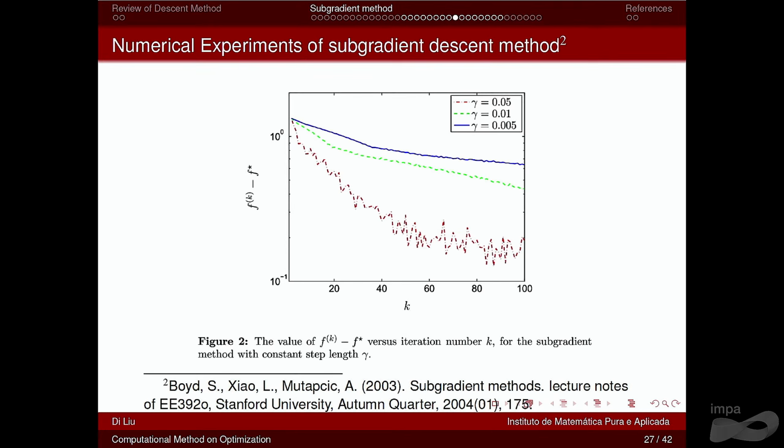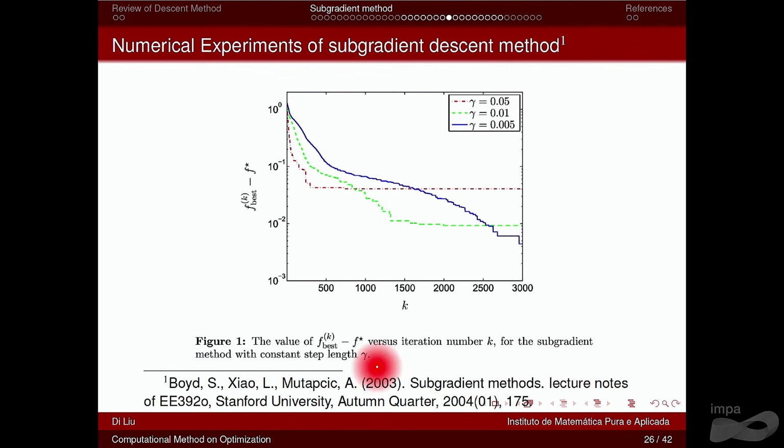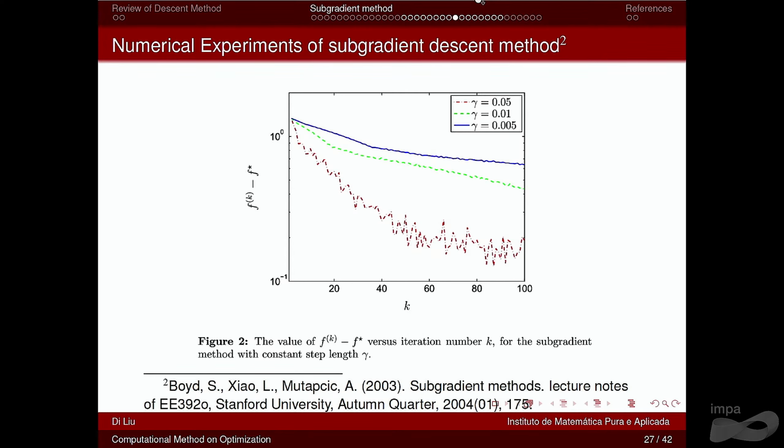I'm sorry. Here, this picture is about the value of f_k best minus f star, and we can see this gap is decreasing. And here, this is not f_k best, this is f_k minus f star.